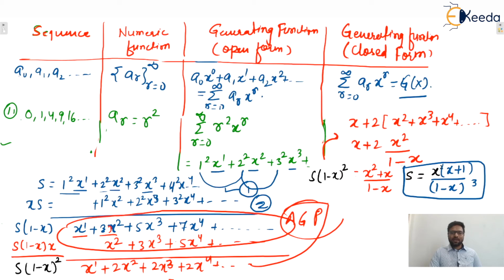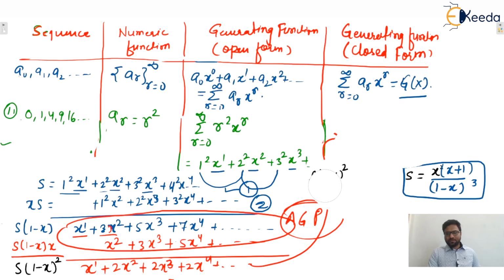Then finally we will get one GP series, and easily we can write down the solution. So the generating function here will be x into x plus 1 divided by 1 minus x whole cube.